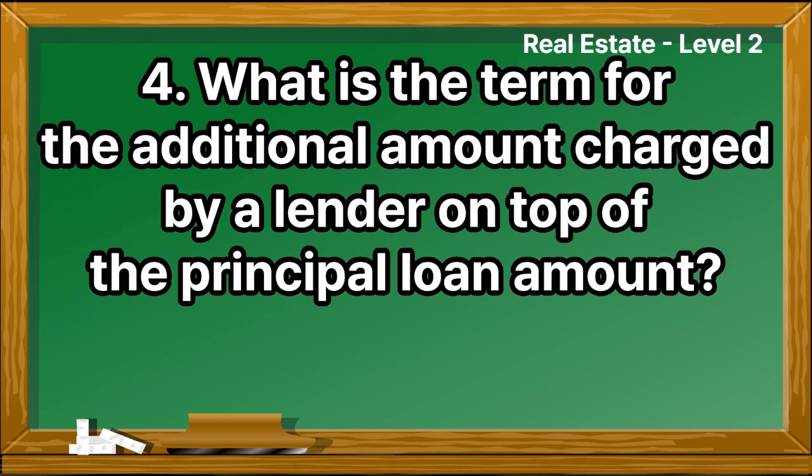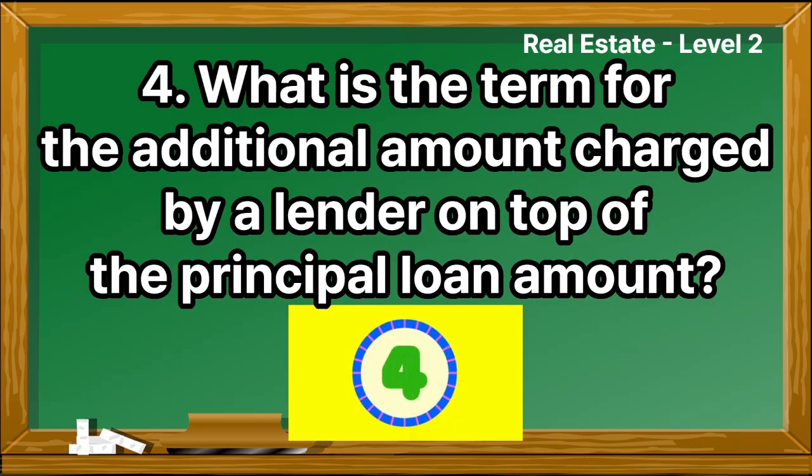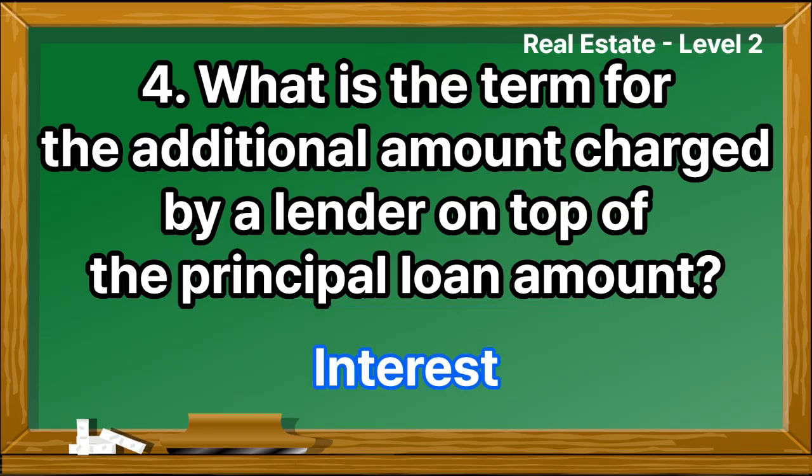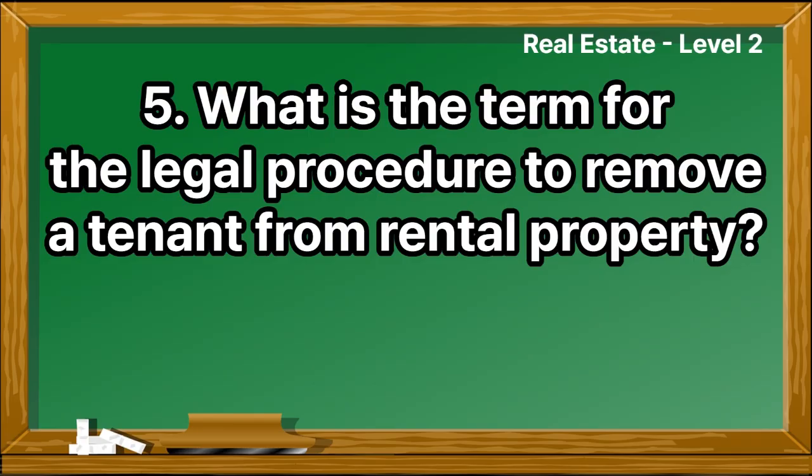What is the term for the additional amount charged by a lender on top of the principal loan amount? Interest. What is the term for the legal procedure to remove a tenant from rental property?